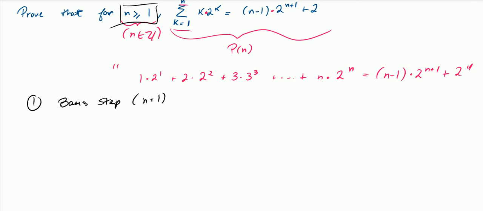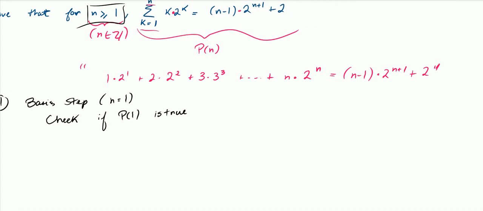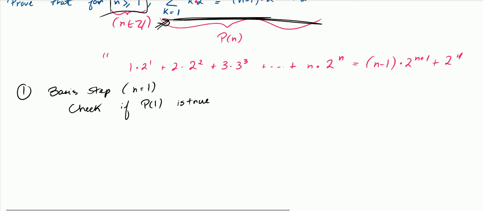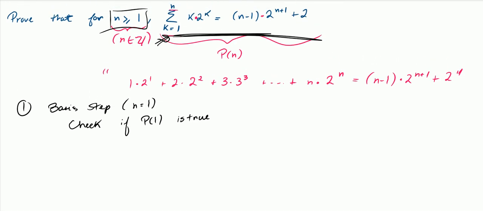So basically what I need to check now is if the statement P1 is true. In other words, if I plug in n equals 1 in this sum, I want to see if both sides give me the same thing. So my sum is going to be from k equals 1 to n.